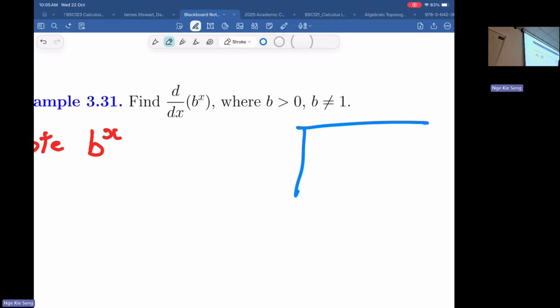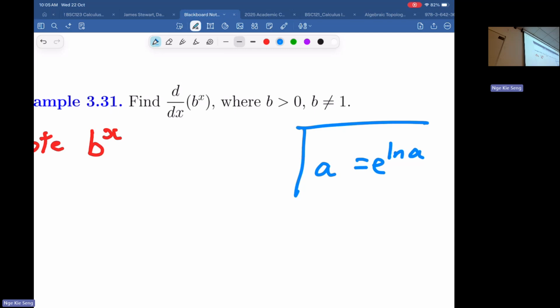So you still remember that a is equal to e to the ln a. Do you remember this?